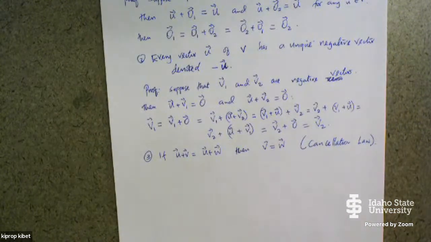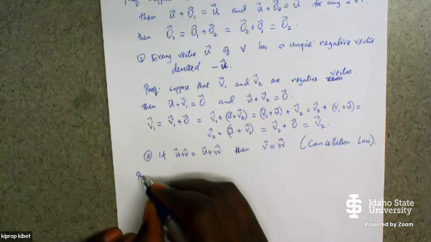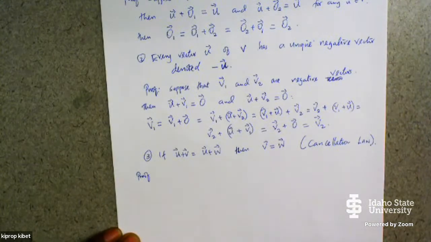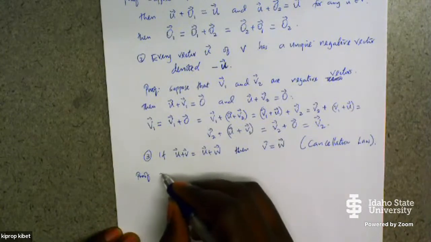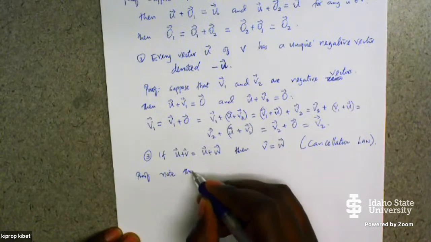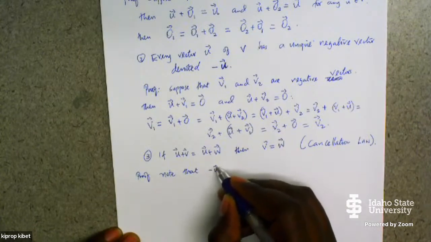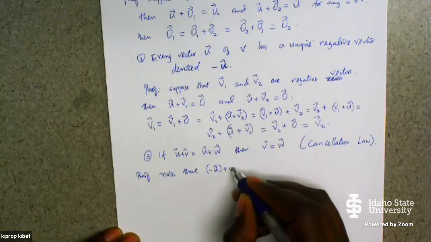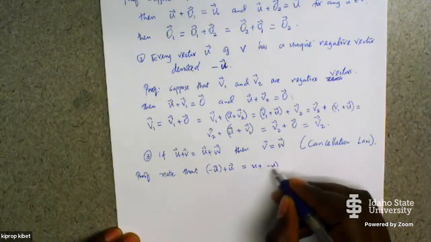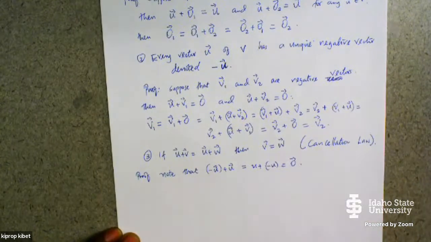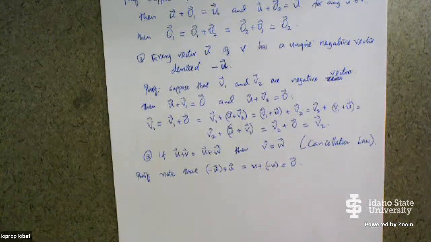Basically, you use the axioms that we just learned. To prove this, note that minus u plus u equals u plus minus u equals the 0 vector.